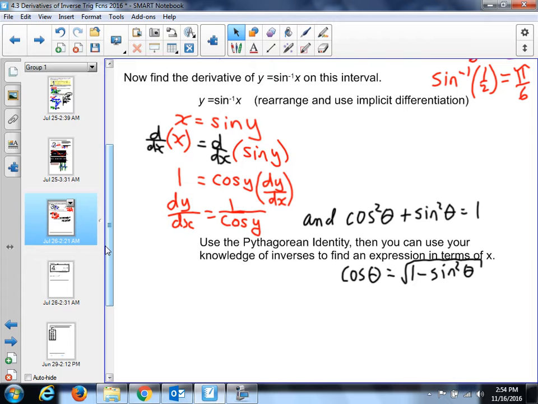Does that make some sense? Now, it might not make sense why I'm doing this, but just because I told you to use the Pythagorean identity.